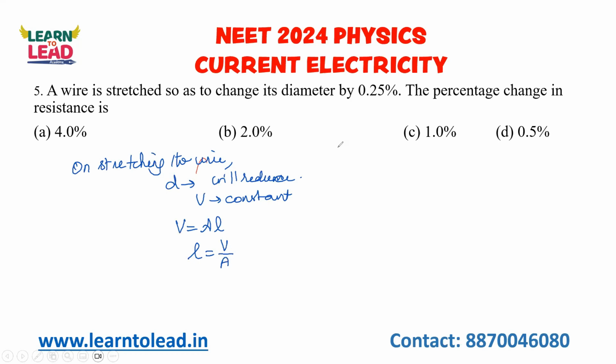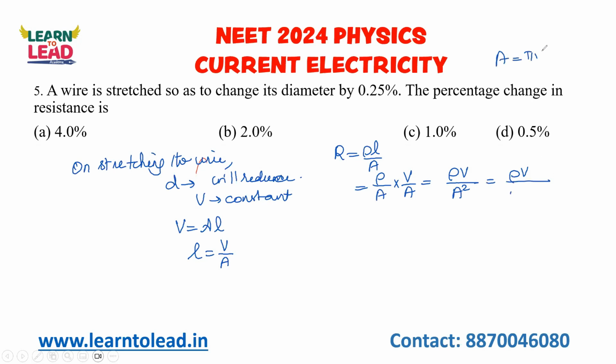And now we know the basic formula R is equal to rho L by A, isn't it? For L, I can substitute V by A. You will get rho V by A square. Okay, so rho into V by, what is area? Pi r square.